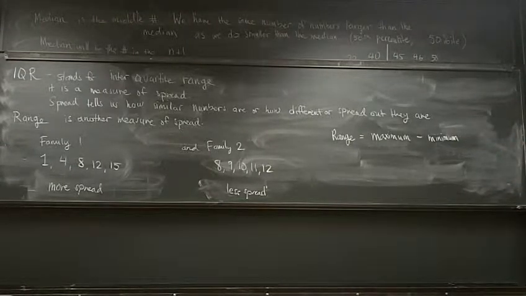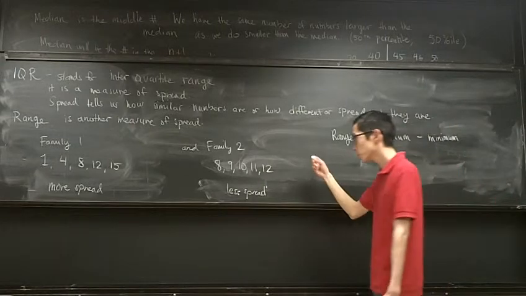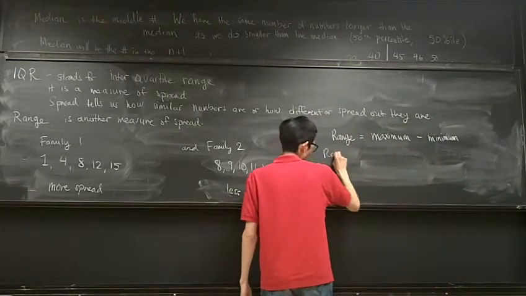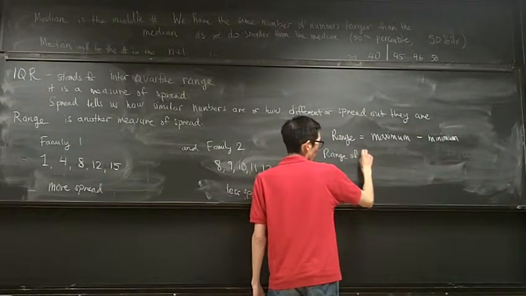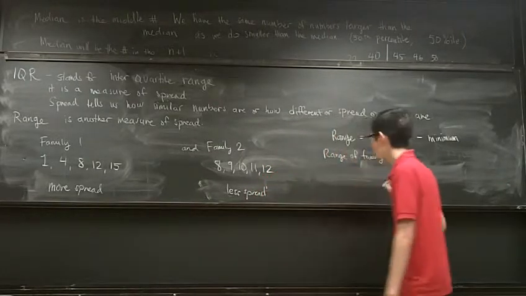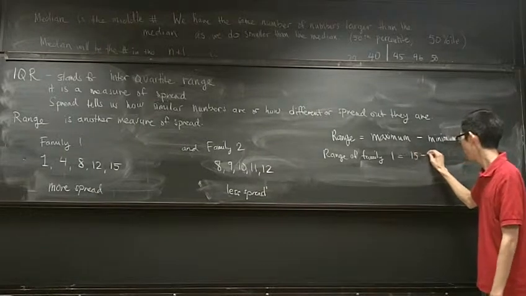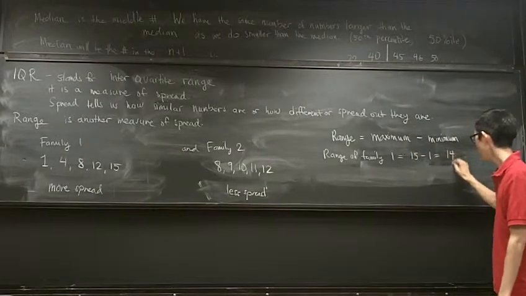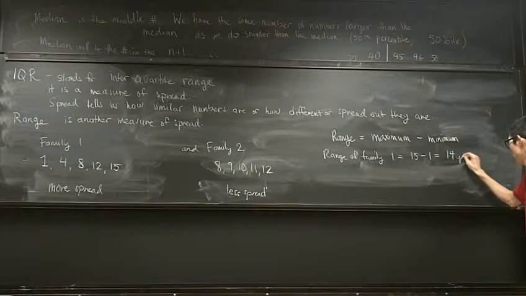The difference between the largest and the smallest number. Okay, so what is the range of family 1? 15 minus 1. The range is 14 years.